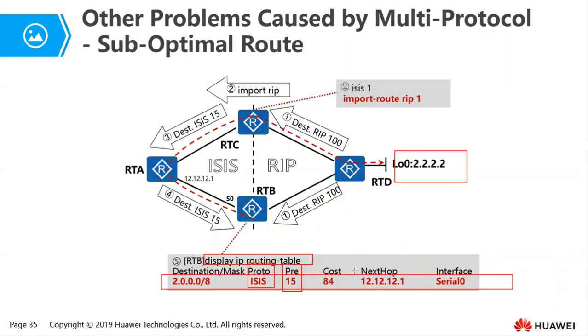The preference is 15, and the next hop is 12.12.12.1 via serial interface 0. So again, as I said, when it comes to what is installed in the routing table, it is the preference first. If the preferences are the same, they look at the cost. When we were looking at the introduction to routing, these are some of the things that we looked at.